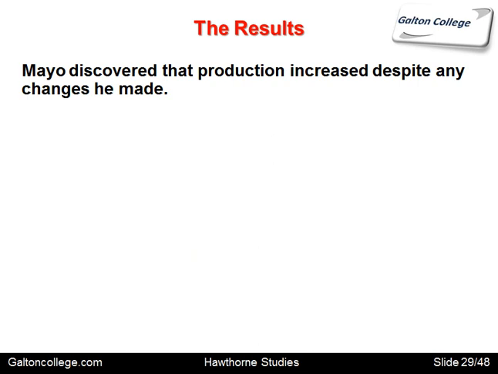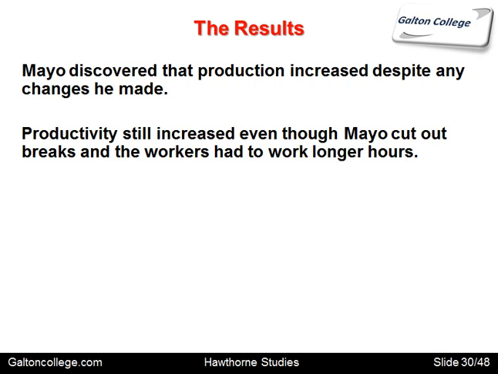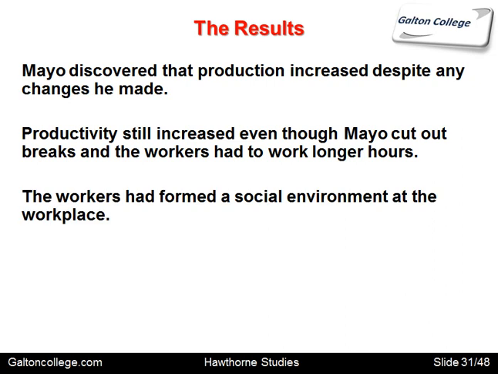Now the results of this, well, Mayo discovered that production increased despite any changes he made. Productivity still increased even though Mayo cut out the breaks and the workers had to go to work longer hours. The workers had formed a social environment at the workplace.